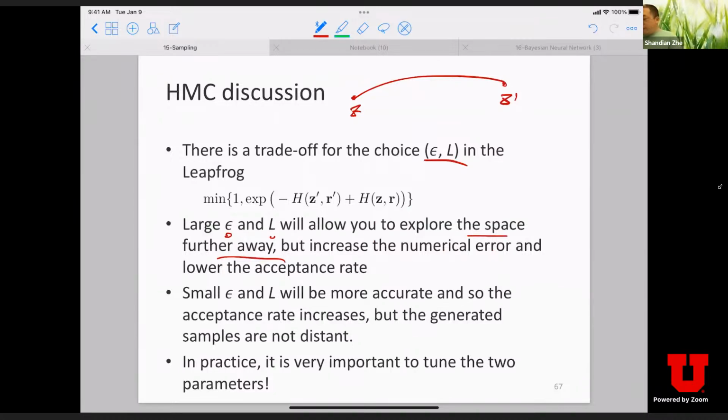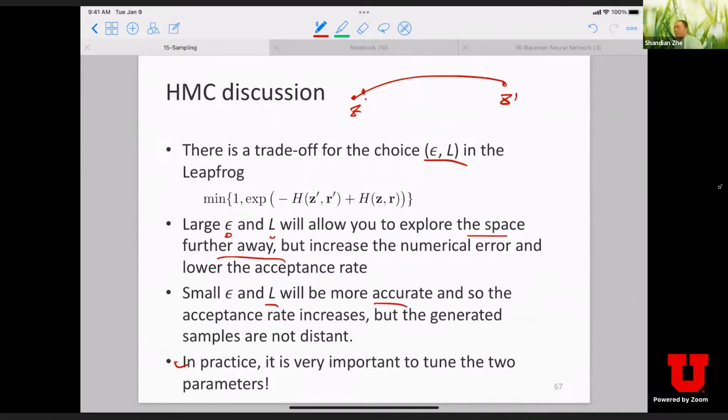If you choose a small epsilon and small L, it can be much more accurate, say making your acceptance rate 0.99. However, you might just evolve z to some position very nearby. This might not be something you want, because we want to quickly explore the whole sample space. So in practice, you have to make the trade-off by yourself.